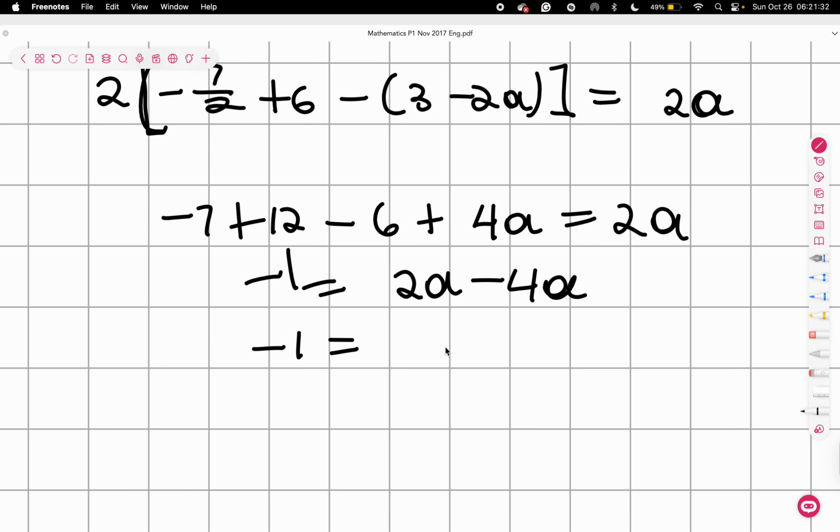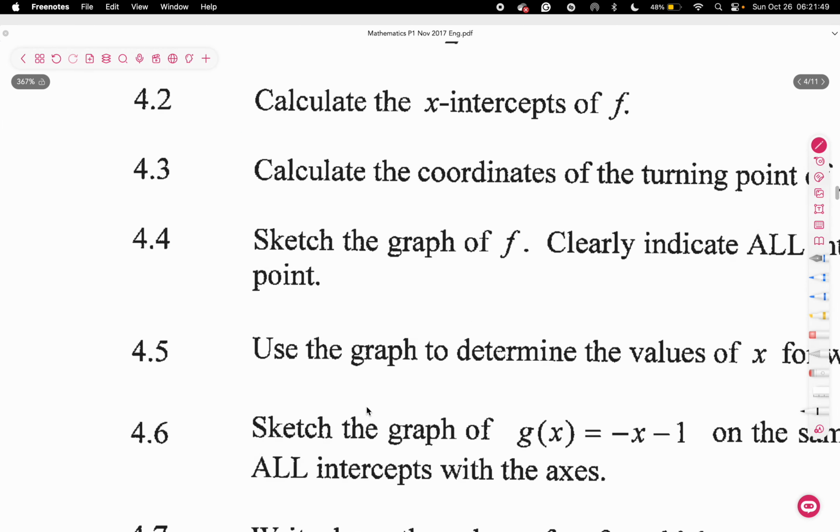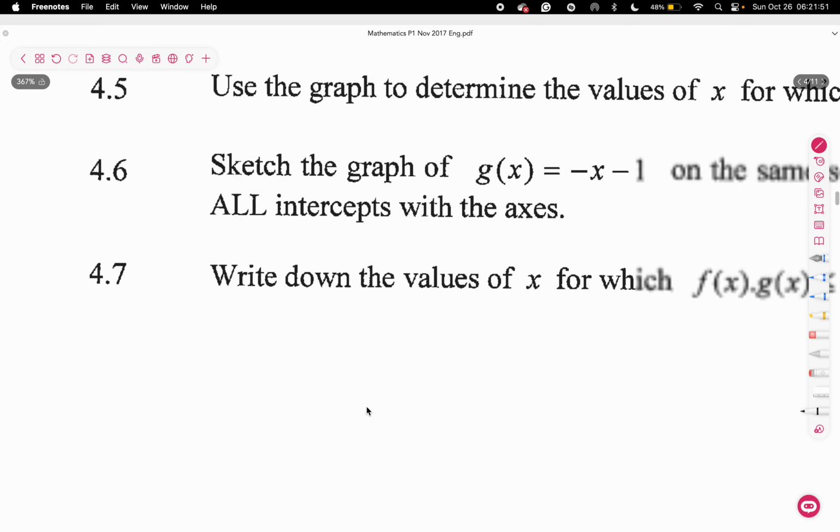Negative 1 is equal to negative 2a. Then dividing by negative 2, 1 over 2 is equal to a. So is that what they said a is supposed to be? Okay, so a is 1 over 2.